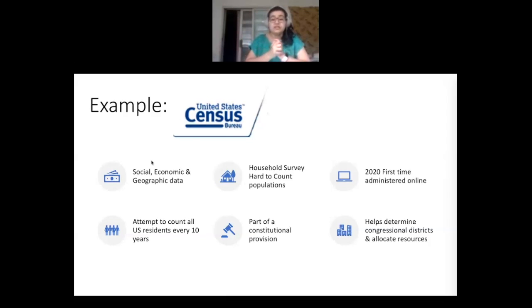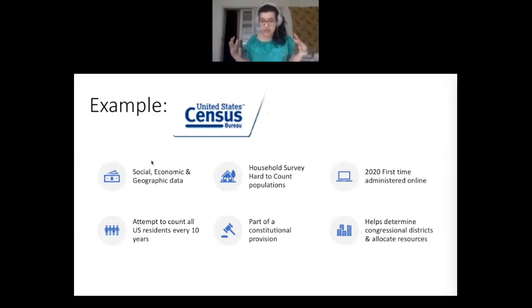Okay, so an example of this is the census. It was the first time that it was mostly administered online this year. It's still going. They extended the census deadline because of the pandemic, but we're in the 2020 census. They do it every 10 years, and it's a survey to try to get an accurate picture of everyone in the US, all of the residents in the US.